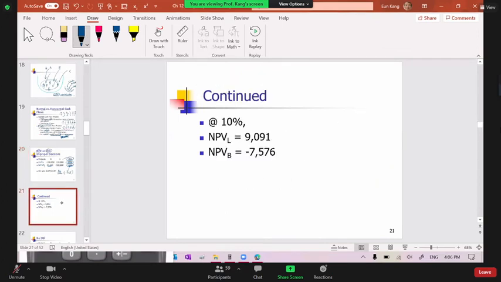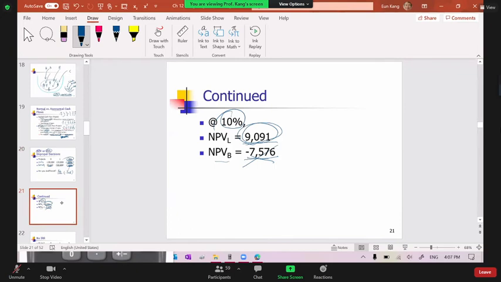But using NPV, it's pretty easy. NPV of L is 9,091. NPV of B is minus 7,000. Definitely this is not good, right? So if your cost of capital is 10%, project L gives more than you need, but project B, you are paying more than your cost of capital.